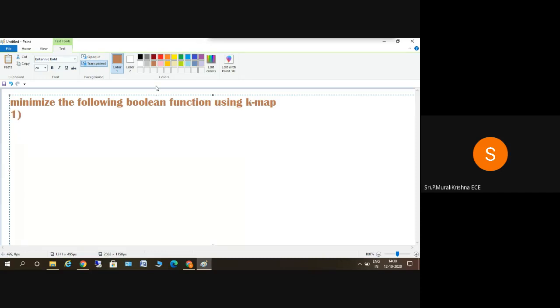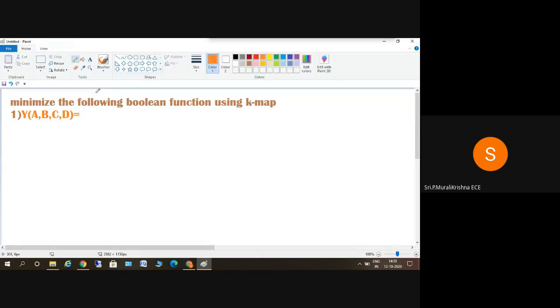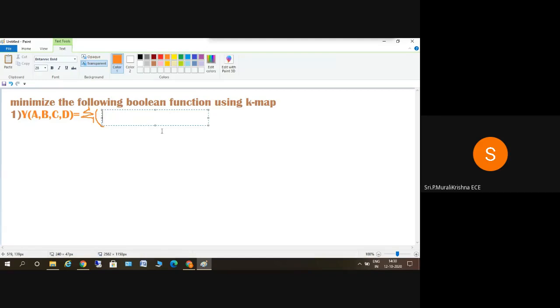The problem is: y of A, B, C, D is equal to sigma, the symbol sigma of 1, 3, 5, 8, 9, 11, 15.